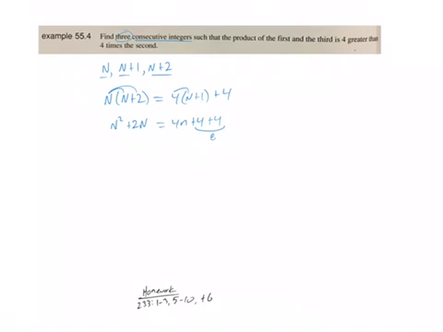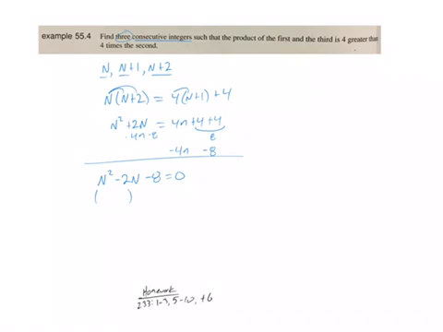Those two is just 8. So I'm going to subtract 4n and subtract 8, and I will end up with n squared minus 2n minus 8 is equal to 0.